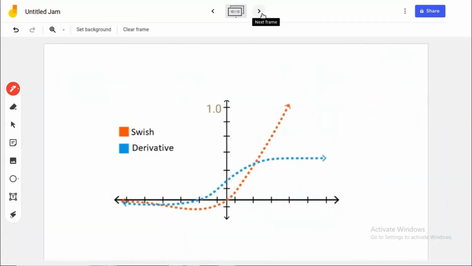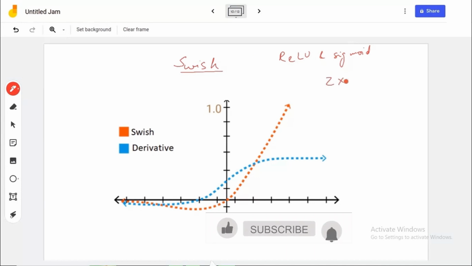Next, after ELU comes the swish function. The paper for this was released by Google researchers and this brings the good versions of ReLU and sigmoid together to form swish. And what is the formula? It is equal to z into sigmoid of z.